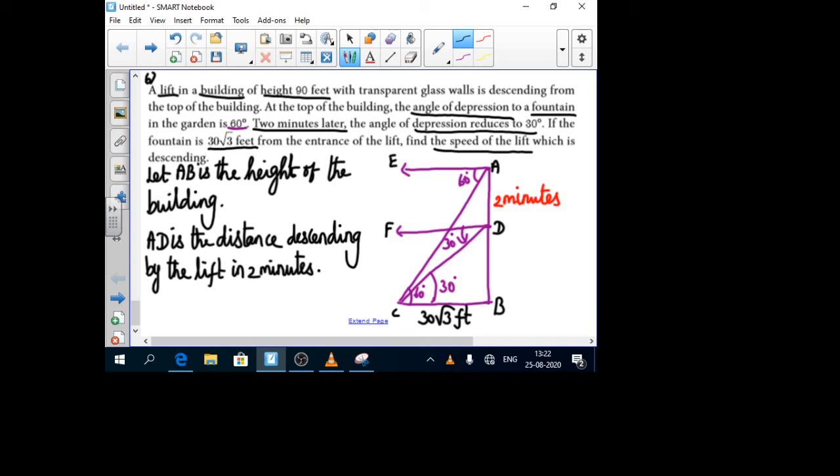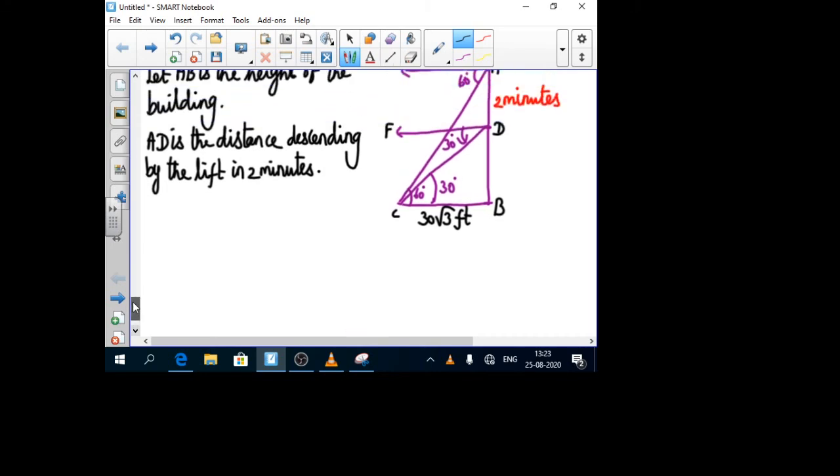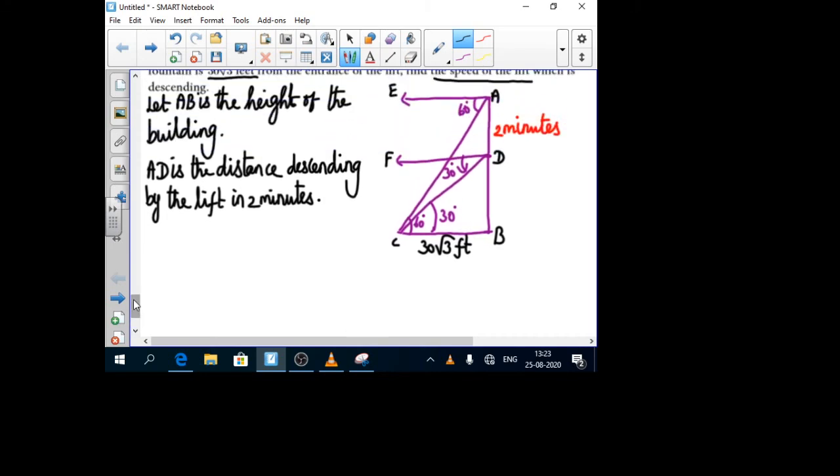Now we have to complete this one. We have to complete everything. Angle EAC is equal to angle ACB, that is equal to 60 degree.